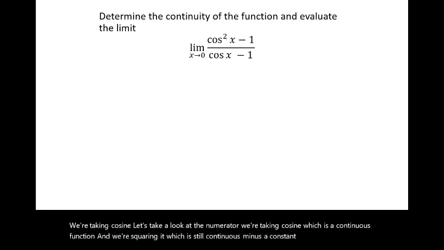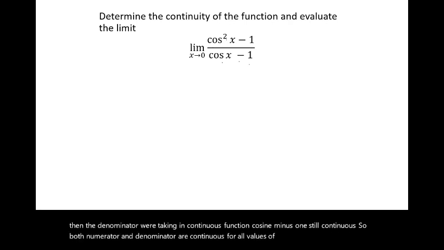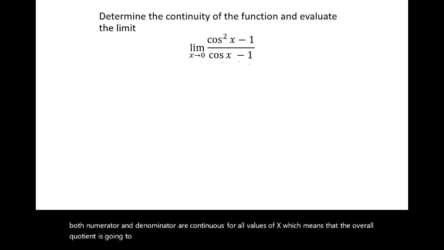It's continuous. Then in the denominator, we're taking a continuous function cosine, minus 1, still continuous. So both numerator and denominator are continuous for all values of x, which means that the overall quotient is going to be continuous except where the denominator is equal to 0.